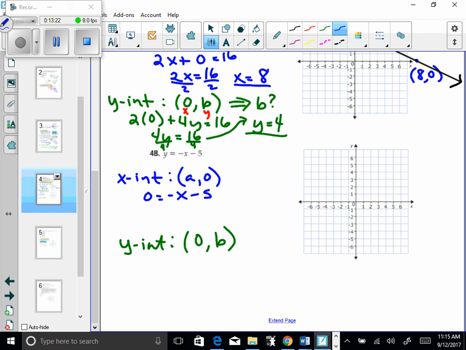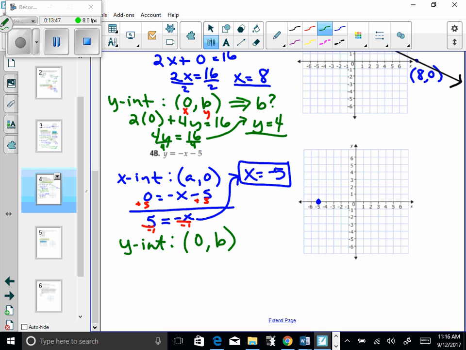Then I want to add 5 to both sides to solve for x. And then divide by negative 1. So that tells me that x equals negative 5. So that means I want a point where x is negative 5, right there.